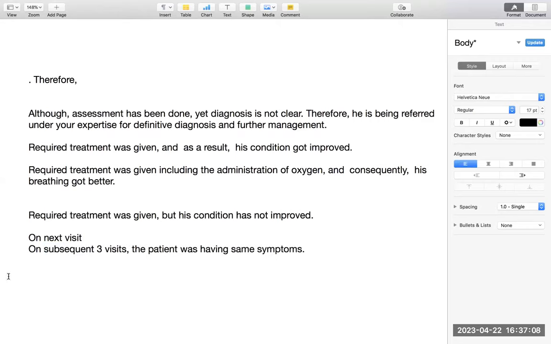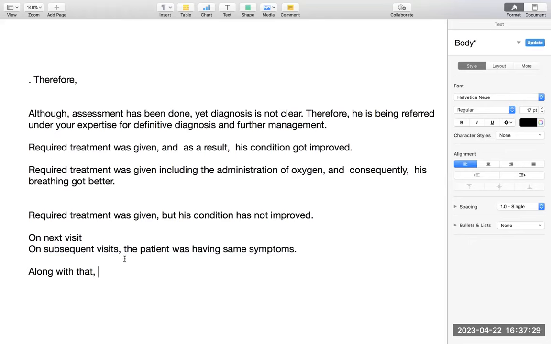Next can be replaced by subsequent. Even 3 is not necessary to be written. So you can say on subsequent visits, the patient was having same symptoms. Then you can use along with that, which is a kind of thing you can use.